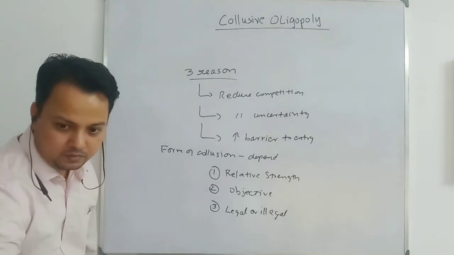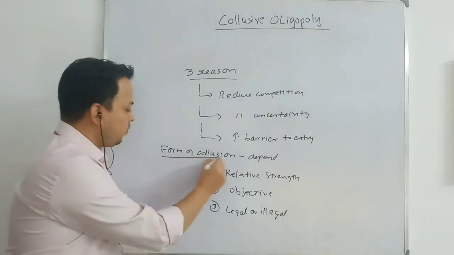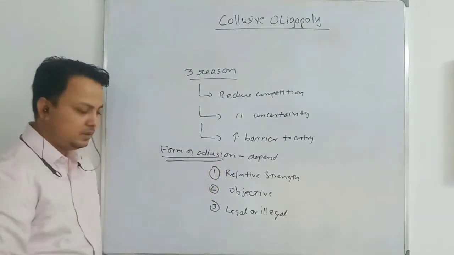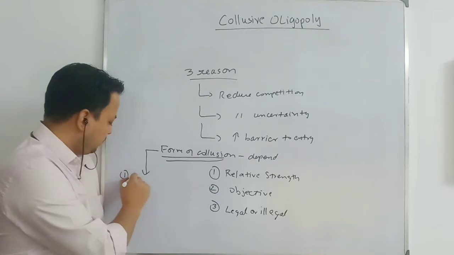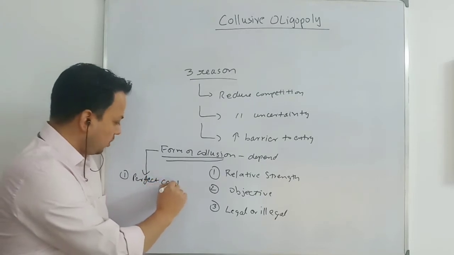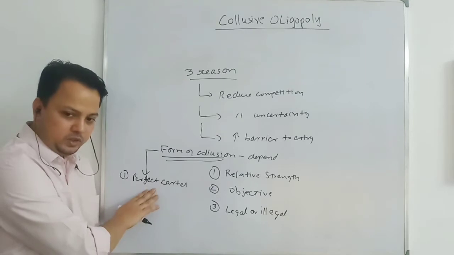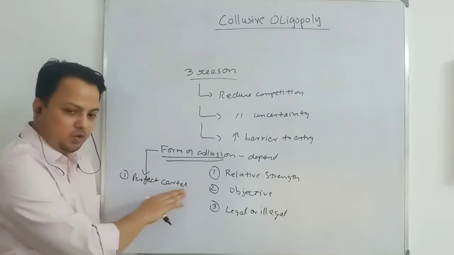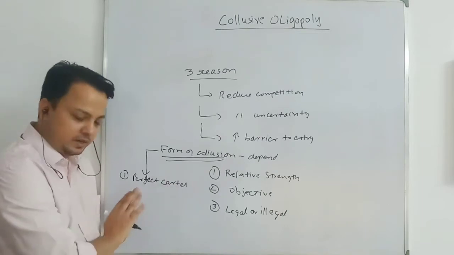Now when we are talking about forms of collusion, two forms we are going to look at. One is the perfect cartel model. I am going to talk about the definition later on. Today I am going to do this one, the perfect cartel oligopoly model, where we are going to determine price and output in a perfect cartel.